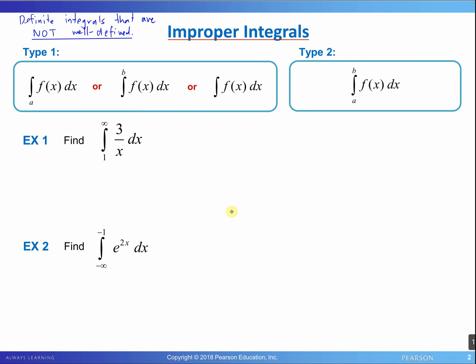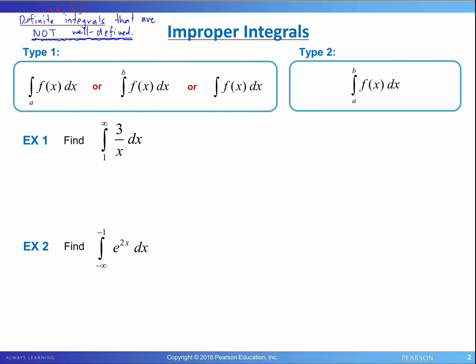When you see these definite integrals, you know right away that we have a starting point at A and an endpoint at B. But this time around, these integrals are not well defined. What exactly does it mean by not well defined?